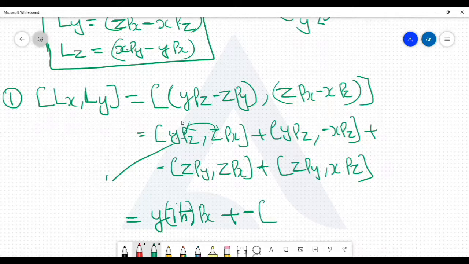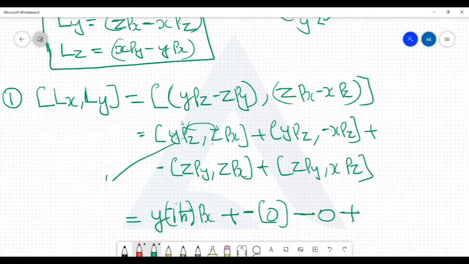Now if you look at this, yx will go off, y pz will go, pzx goes, everything will be 0. Minus here z px, y pz, everything is 0 again. Plus here zx goes off, and z pz will exist.